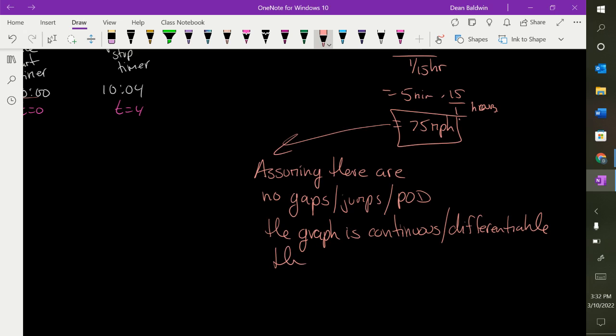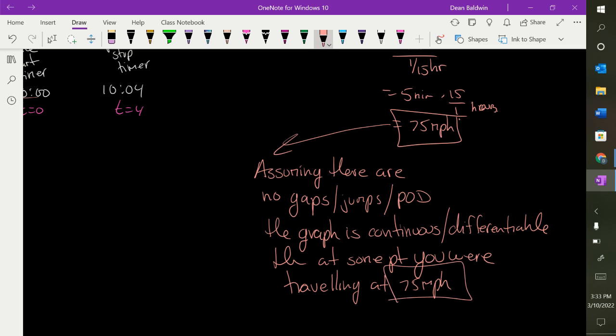Then at some point you were traveling at 75 miles per hour.